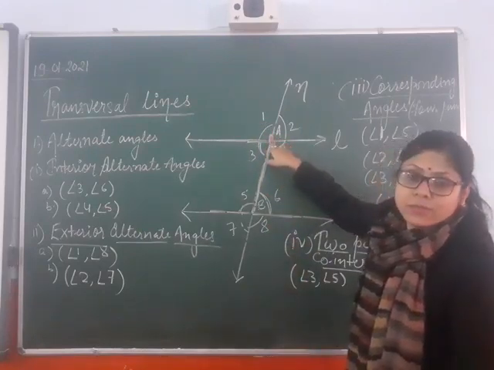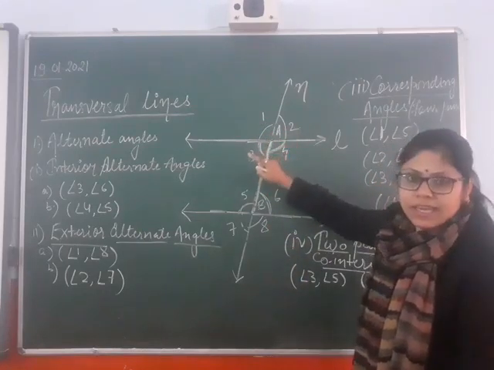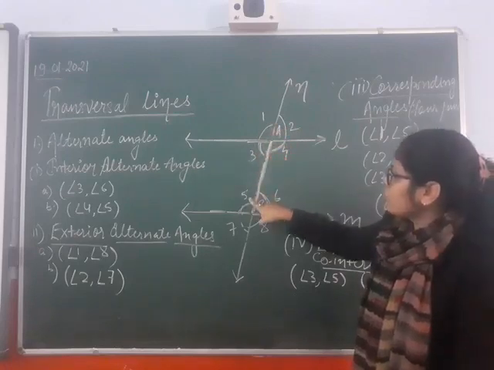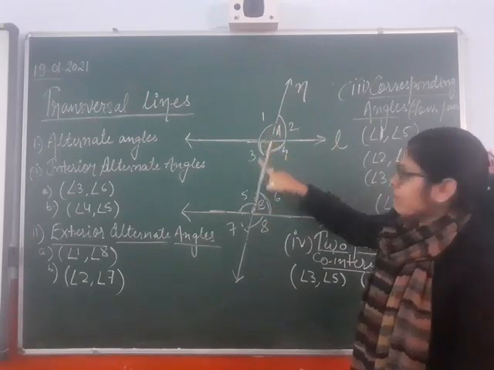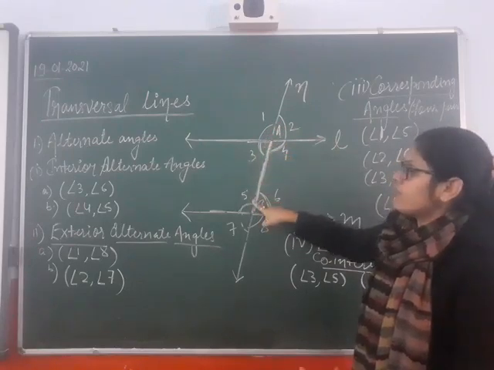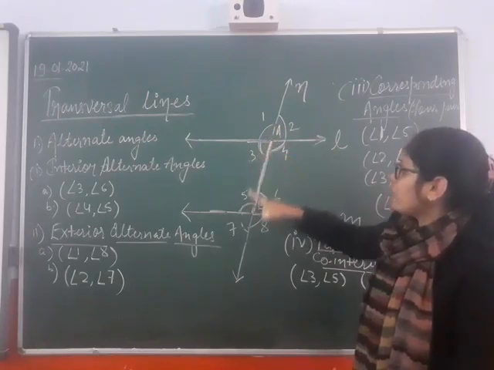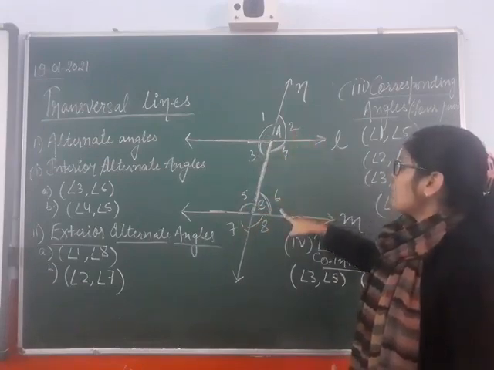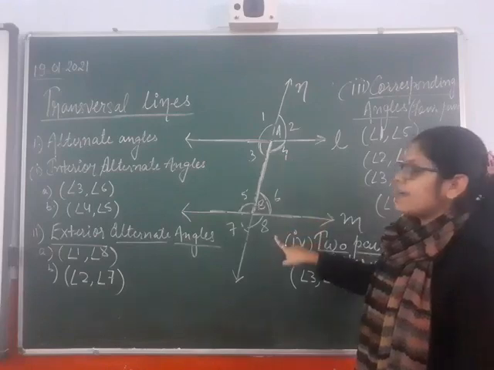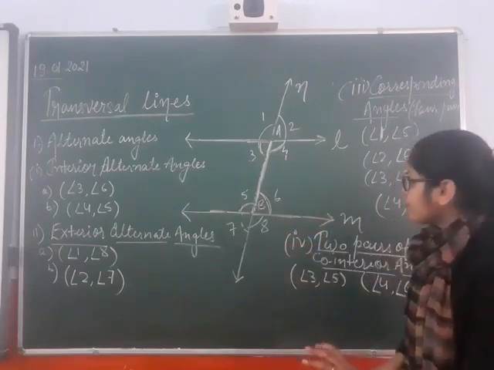When we talk about the corresponding angle, on one side of the transversal, leave one angle and take the next one. This is the transversal line. Angle 1, leave angle 3, angle 5. Angle 1 and angle 5 are forming corresponding, angle 3 and angle 7 forming corresponding, angle 2 and angle 6 forming corresponding, angle 4 and angle 8 forming corresponding. Clear?